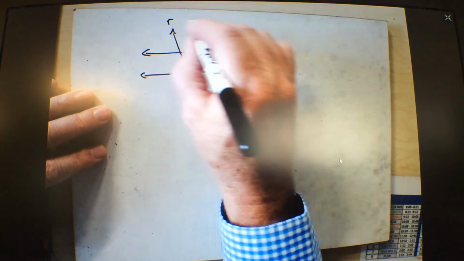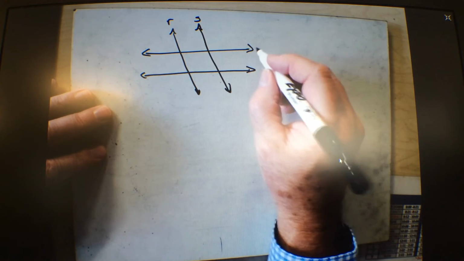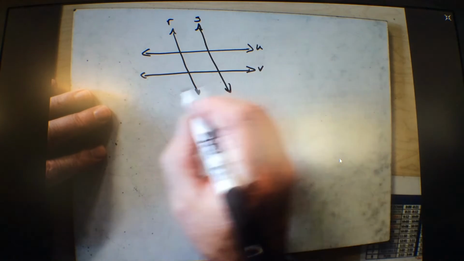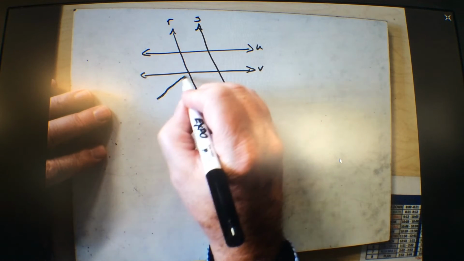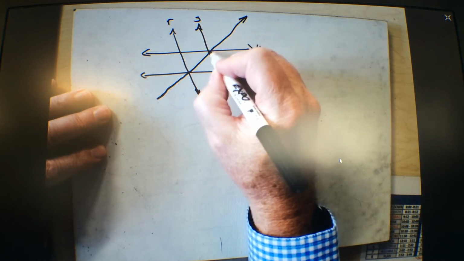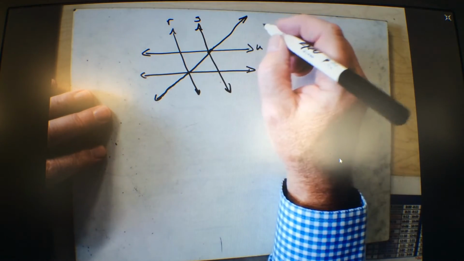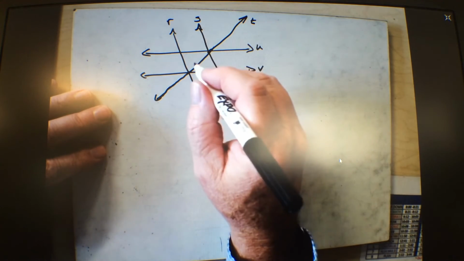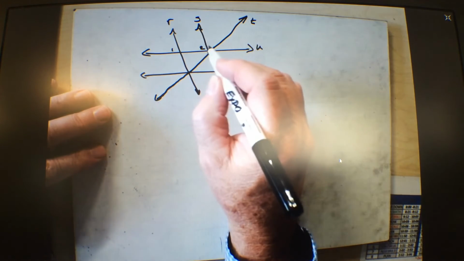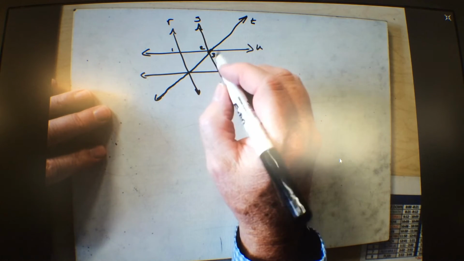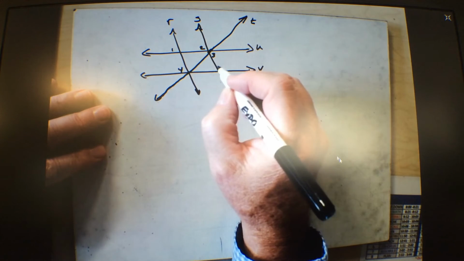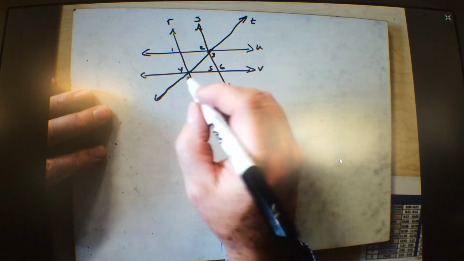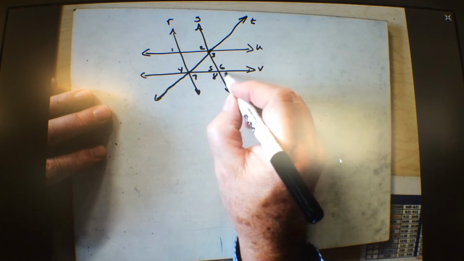This is R, this is S, this is U and V. And then we have, I believe, T, it's supposed to go right through there. Got a little shaky on that, but I was trying to hurry. Okay? Does that look about right? Yeah. Okay, 1, 2, 3, 4, 5, 6, 7, 8, 9.